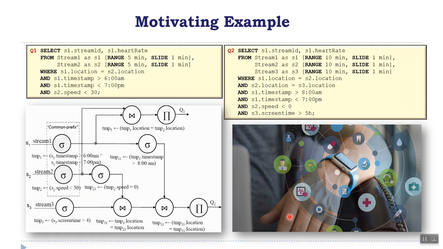So let's take a look at one motivating example, and I've chosen to present you with the smart healthcare industry example because in recent years it has gained a lot of interest from developers and researchers to look at the implications of the smart healthcare industry. If we look at this industry, we see that there are now in the market a lot of wearable smart devices that are equipped with various biosensors that are used to measure and monitor diverse health data of individuals.